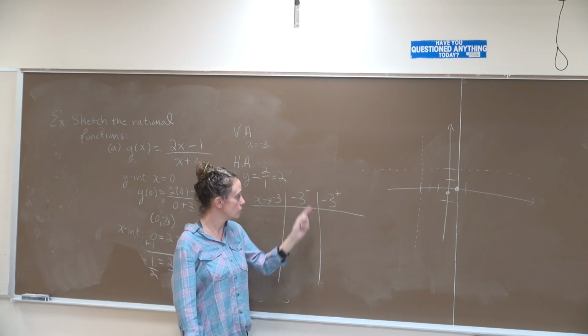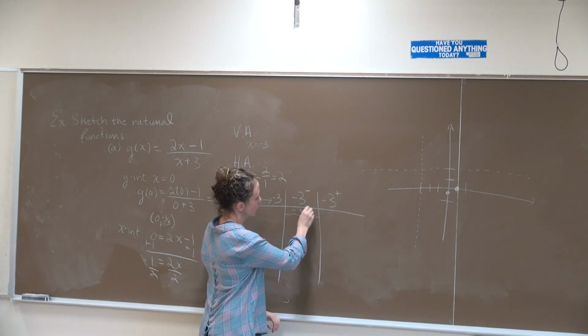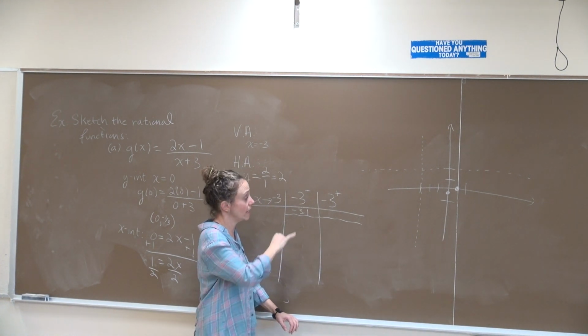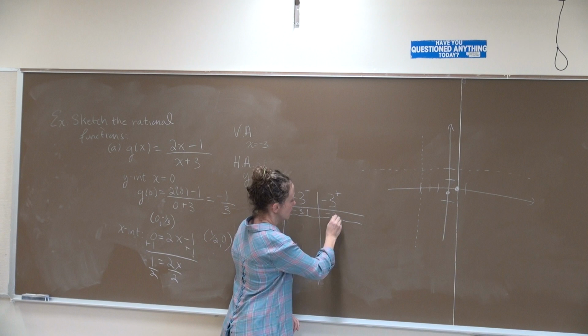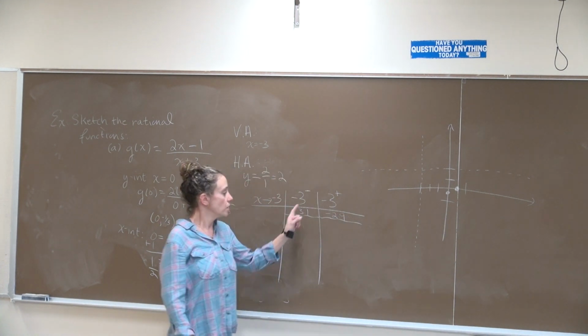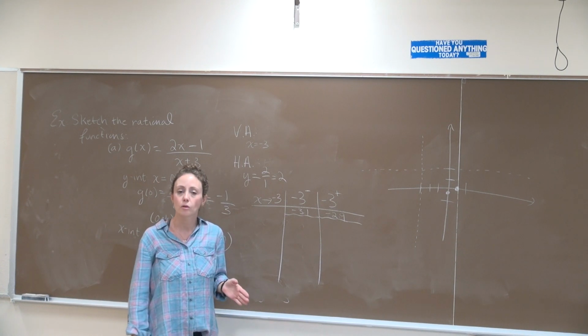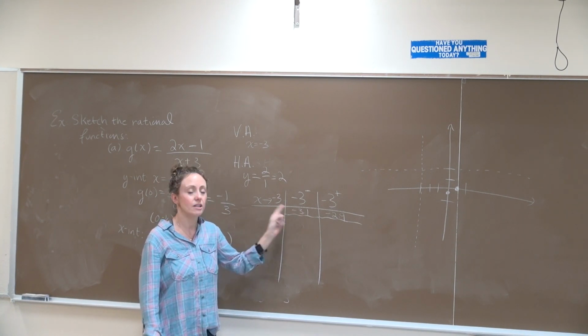A number that's really close to -3 from the left, a little bit less than -3, is -3.1. As we're approaching -3 from the right, a number that's a little bit bigger than -3 is -2.9. We're going to use these numbers to help us determine what's happening to our graph the closer we get to that vertical asymptote.